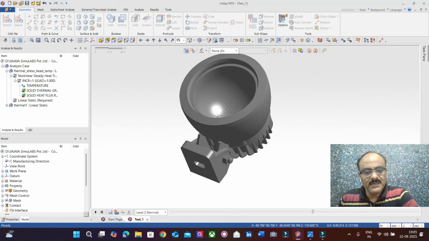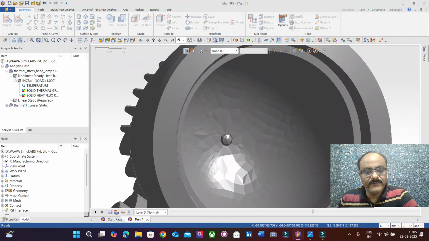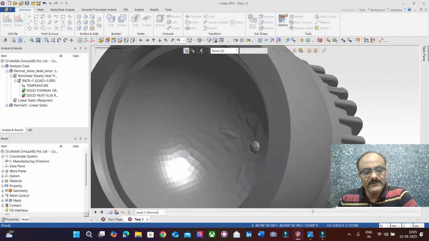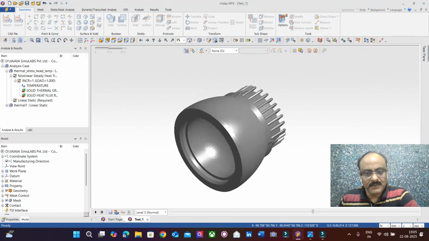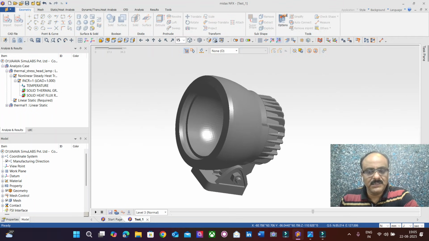This is the reflective surface, the surface you have inside, and that has a certain radius of curvature. This radius of curvature is suitably designed based on the requirements.